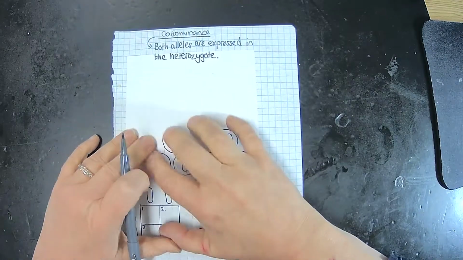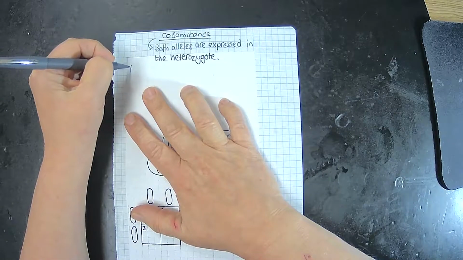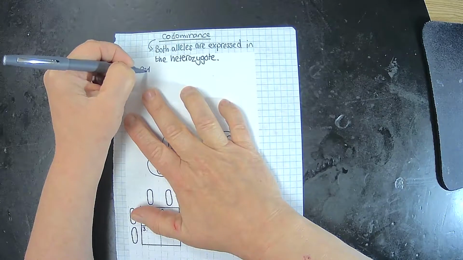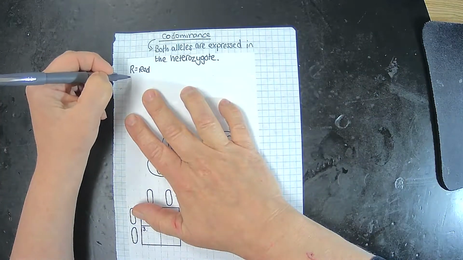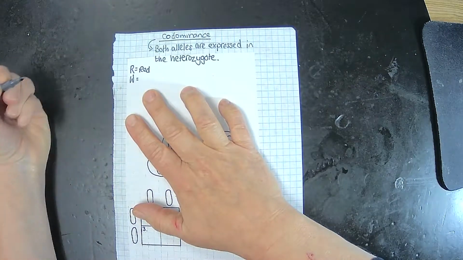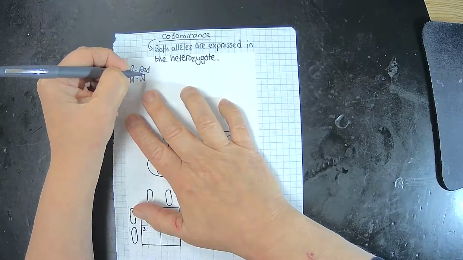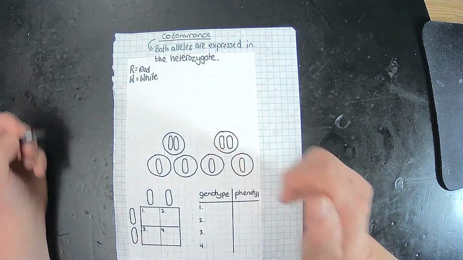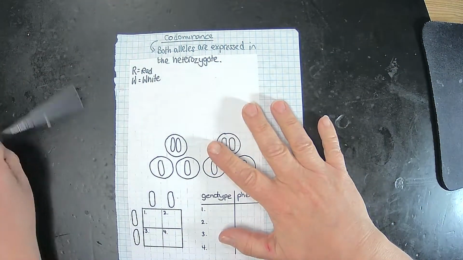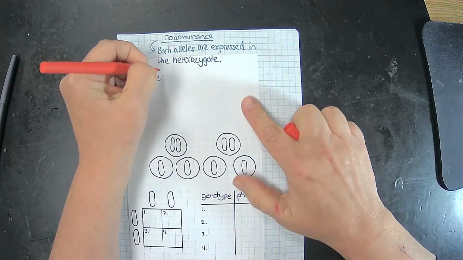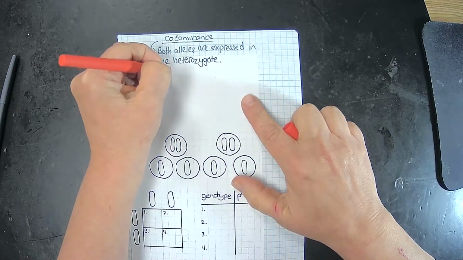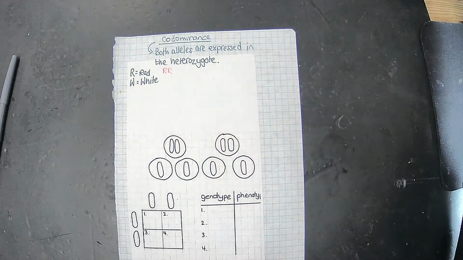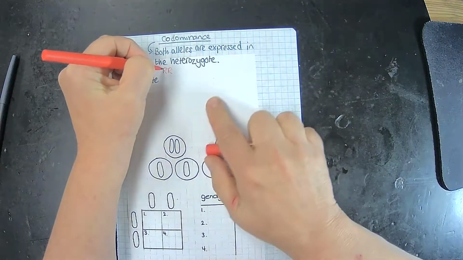So in some flowers, not all flowers, but in some flowers, big R is red for petal color. Big W is white for petal color. So you know that if your genotype is big R, you are going to have red petals, obviously.